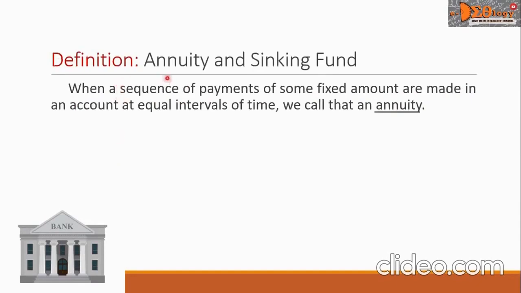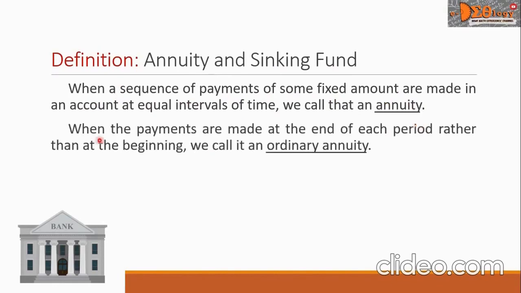Let us define annuity and sinking fund. When a sequence of payments of some fixed amount are made in an account at equal intervals of time, we call that an annuity. When the payments are made at the end of each period rather than at the beginning, we call it an ordinary annuity.